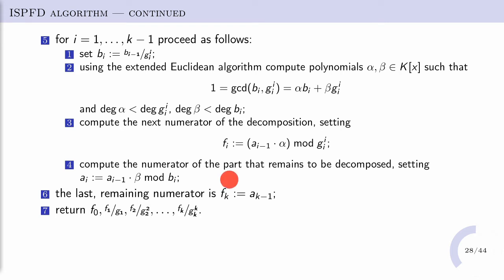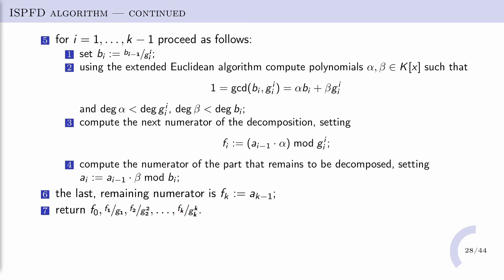And the last remainder is what is left, this a_{k-1}, the last numerator. So all in all, we arrive at this sequence of fractions, which sum up to f over g.